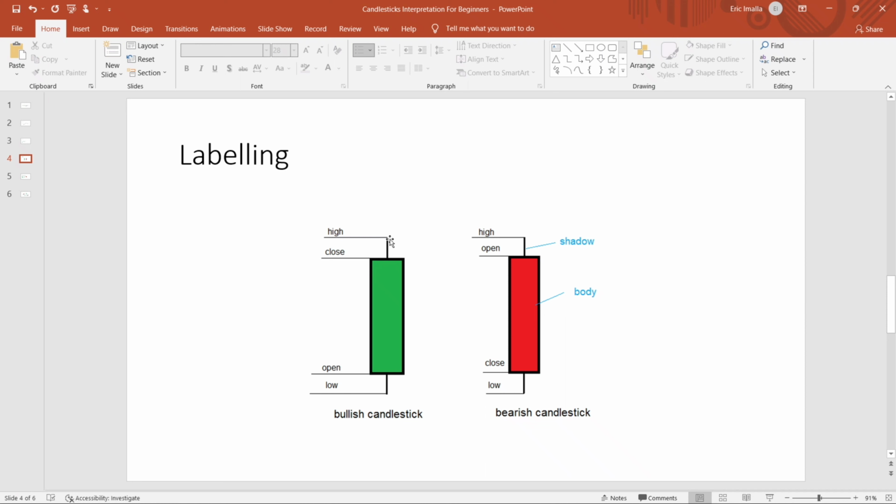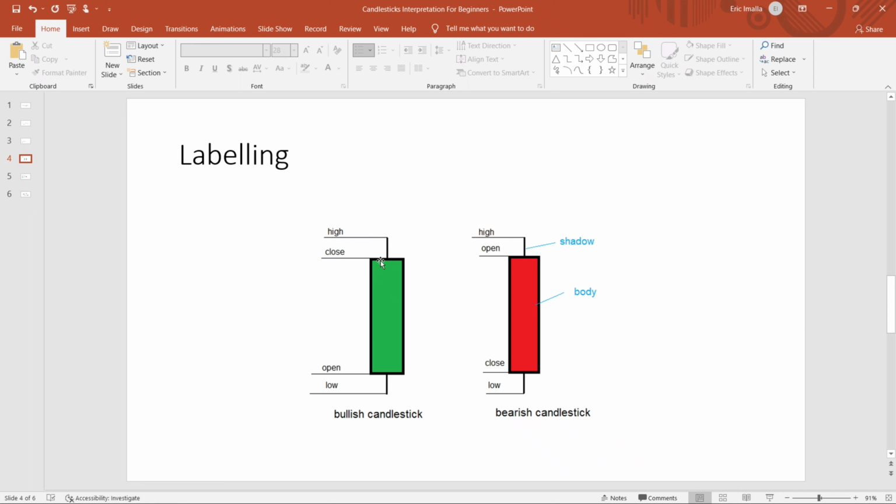So for example, within the 1 hour, the price opened here, but since we have our low here, it simply means that before this price started buying, it first tried to sell. But as much as it sold, it got to this point and it was rejected. So the price started buying, it went further up, and it got all the way to this high, as you can see. But at the close of the 1 hour, the price had moved back down to this point.